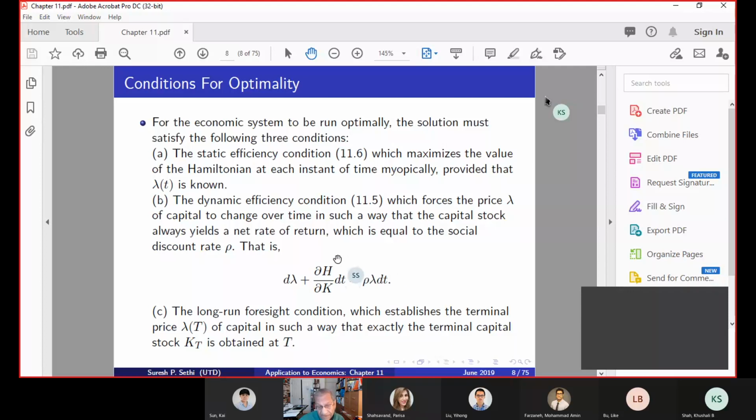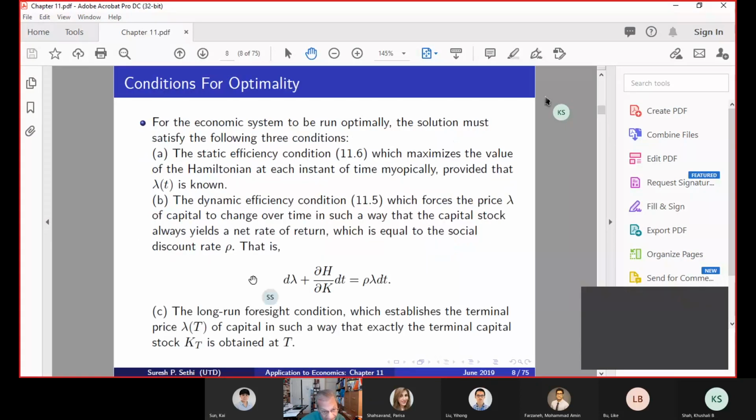On the other hand, if I don't invest in the bank account and I use it for production, then I will have a capital gain of that unit. There may be price differences in the next delta t interval, that's d lambda. And I'm producing with that capital, which gives me this. So that total amount should be equal to that amount. In equilibrium, I cannot earn more than the social discount rate.